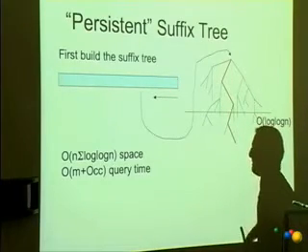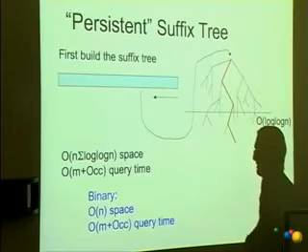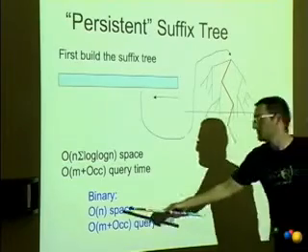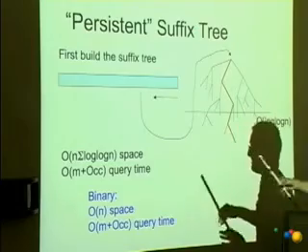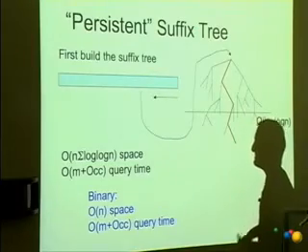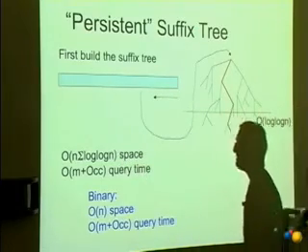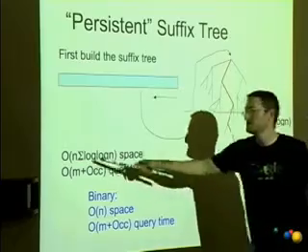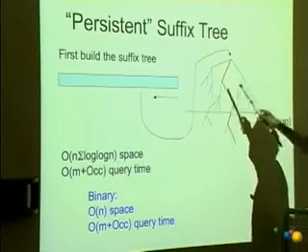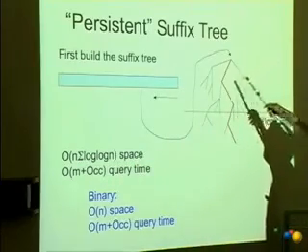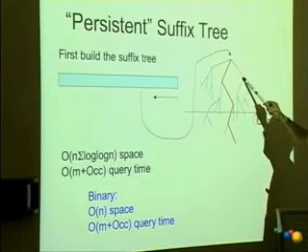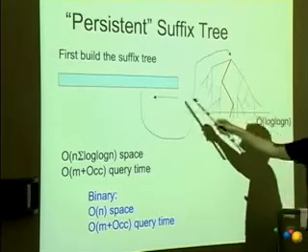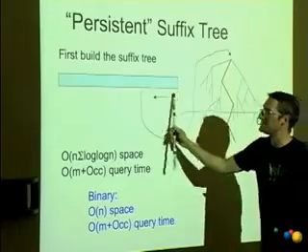And actually, for binary alphabet, it can be done in O(n) space. I won't get into details, but it can be reduced, this log n. But now I want to show you how to reduce this sigma, because I want to have a pointer only for things that were before, not things that were after.